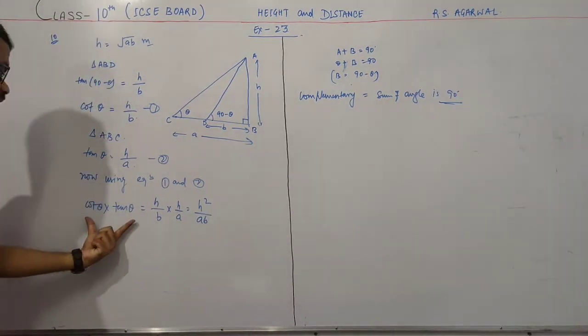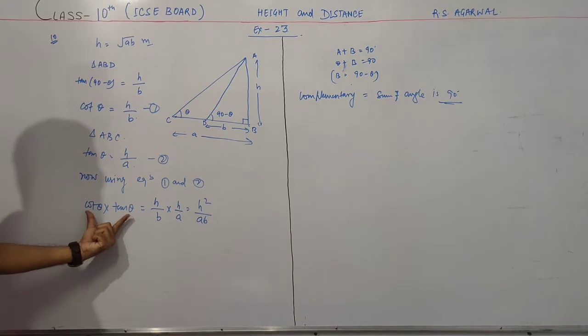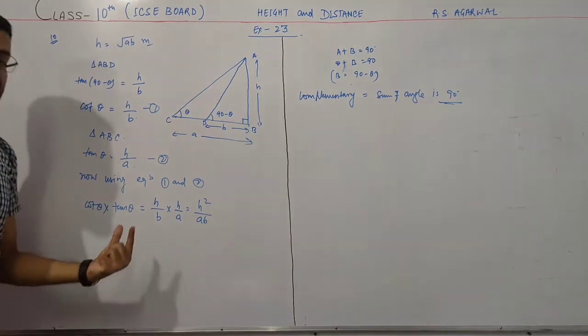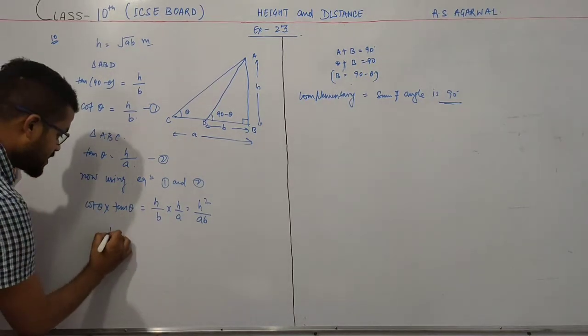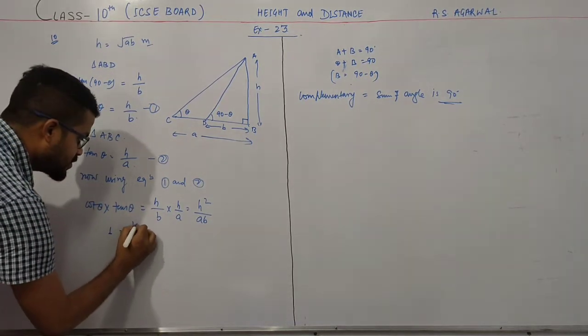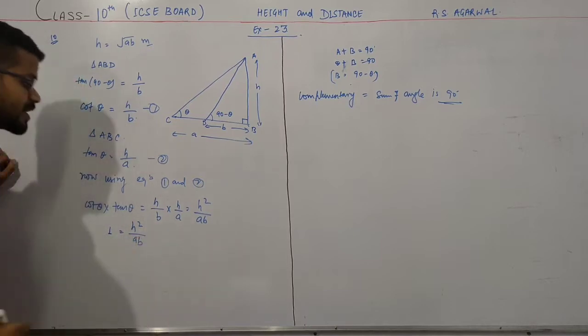Now we have already learned that cot theta into tan theta is equal to 1. So in place of this I write 1 is equal to h square upon ab.